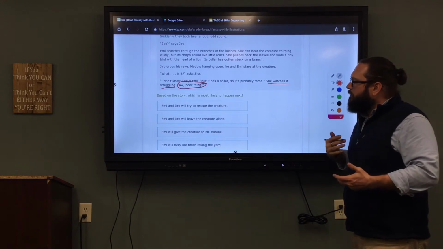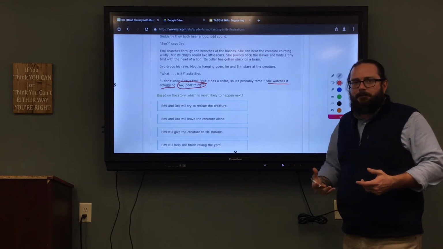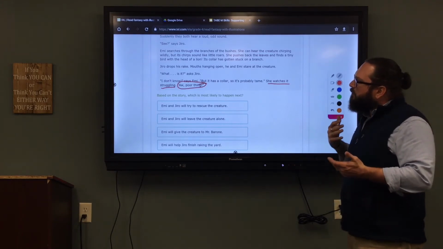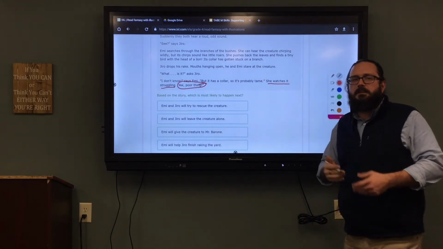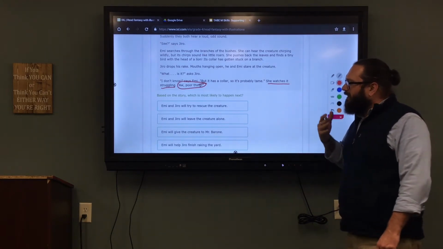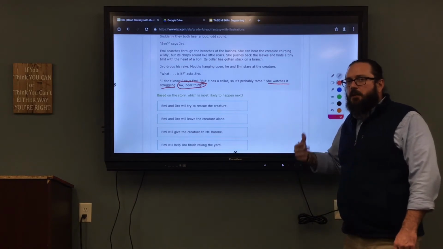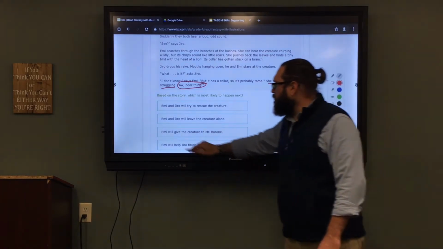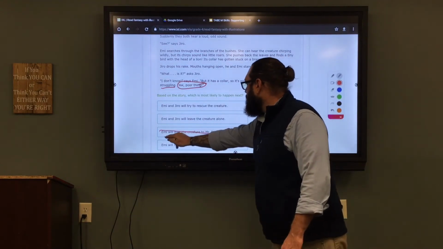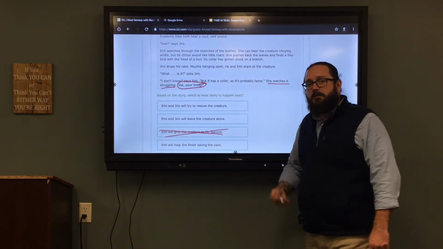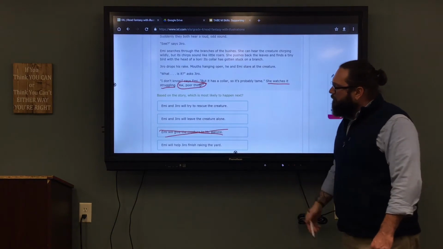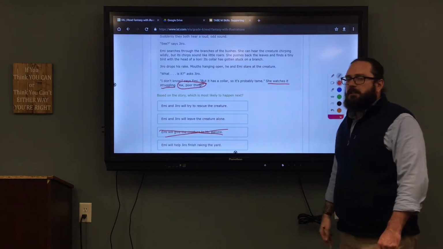Emmy will give the creature to Mr. Barone. Well, there's nothing really that we've encountered in this passage that would lead us to believe that that is a likely occurrence. So we can rule out that Emmy will give the creature back to Mr. Barone. And then finally, Emmy will help Jiro finish raking the yard.